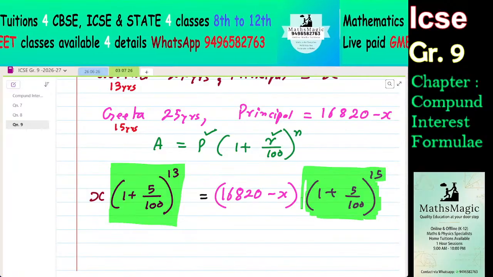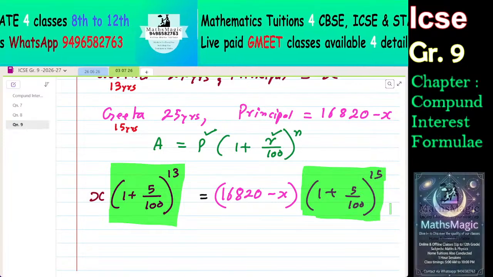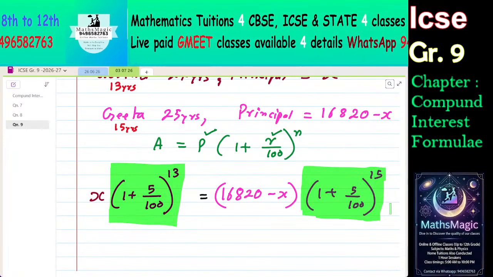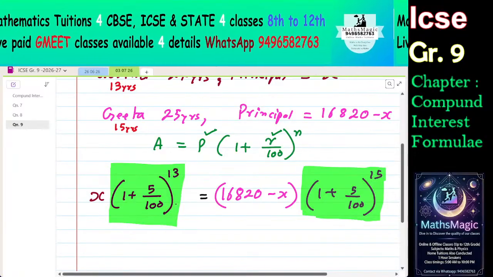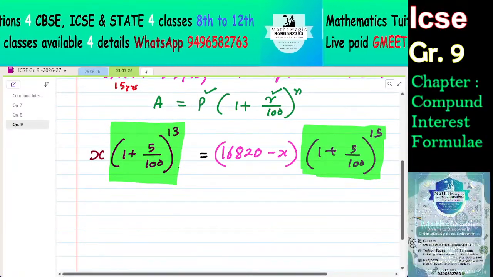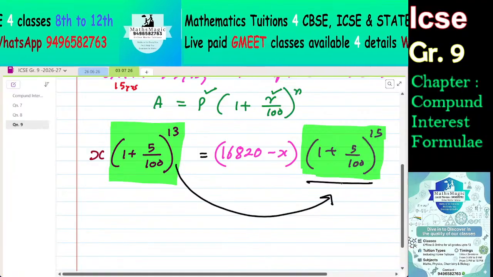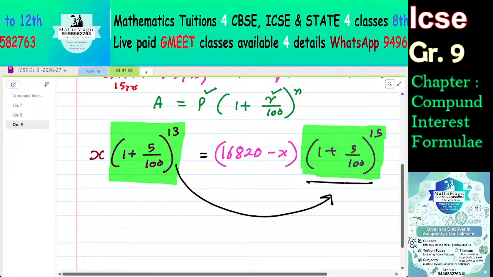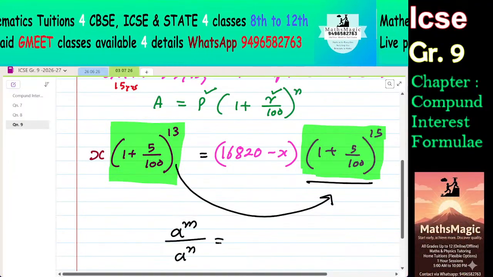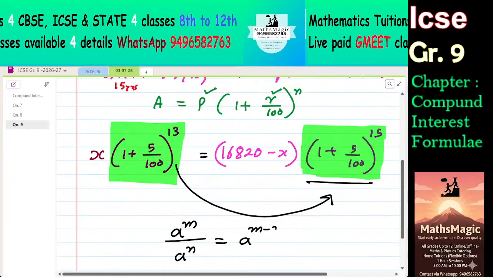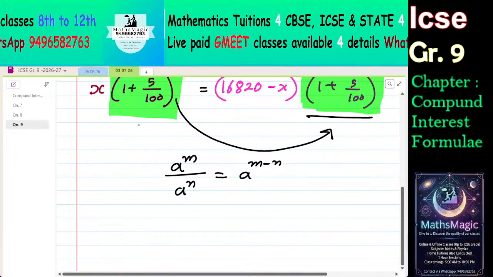If you are very much familiar with laws of exponents, you just need to subtract 15 minus 13 and put it on the right side. Or if you are not familiar with exponents, imagine that you will be bringing this here and cancelling using the formula a raised to m by a raised to n equals a raised to m minus n. I'm not wasting time on that simplification.